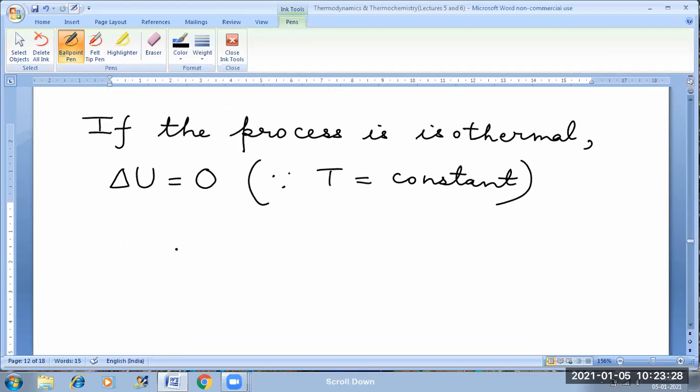Why? Because we know delta U is equal to nCV delta T for an ideal gas.